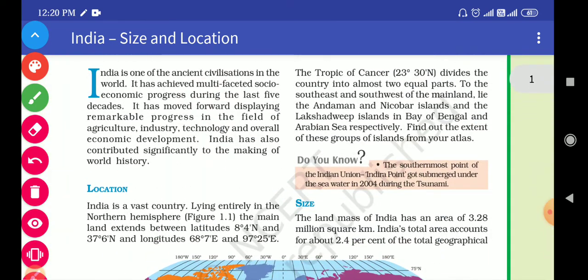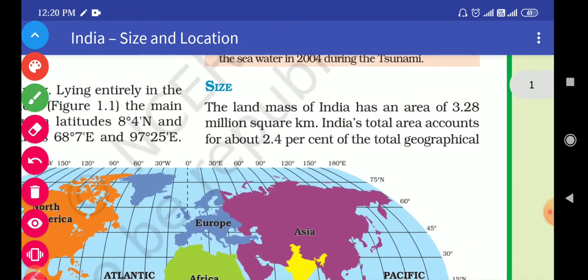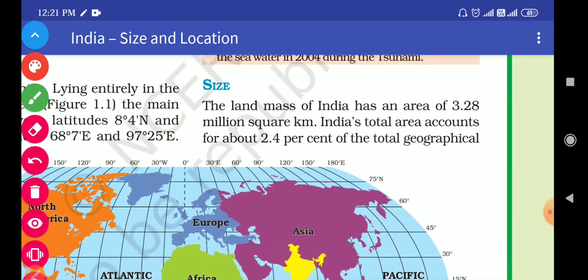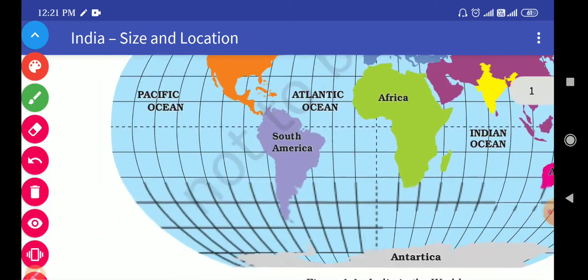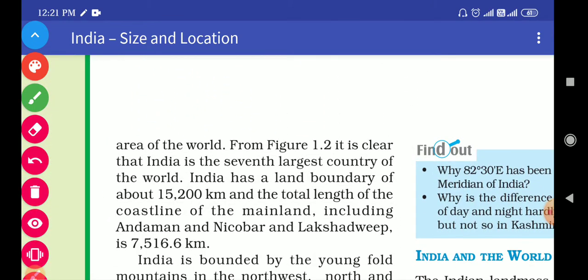So in this way we have completed our second topic, location. Now we are going to discuss the third topic, that is size. So what is written here? The land mass of India has an area of 3.28 million square kilometer. India's total area accounts for about 2.4% of the total geographical area of the world.